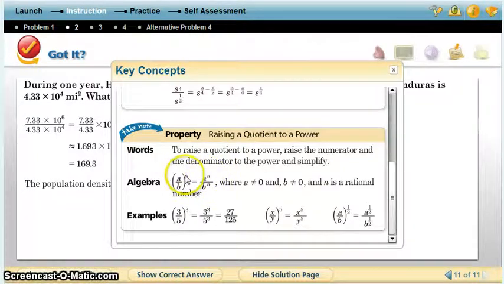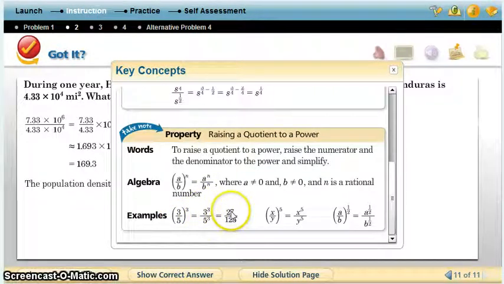That simply means that the a has to be raised to the nth power and the b has to be raised to the nth power. It's like our product to a power, where everything in there got the exponent. That's the same thing here. So 3 has to be cubed and 5 has to be cubed. So that's where this is simplified.